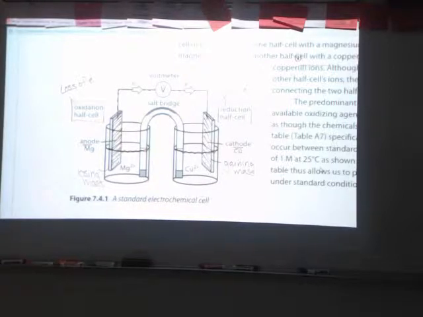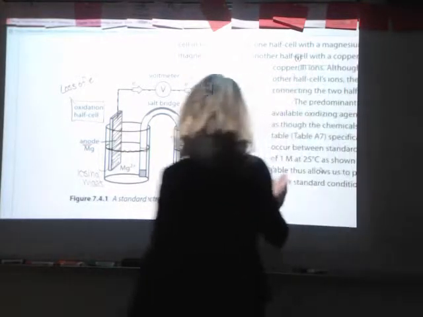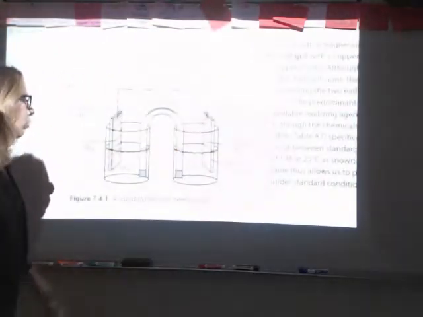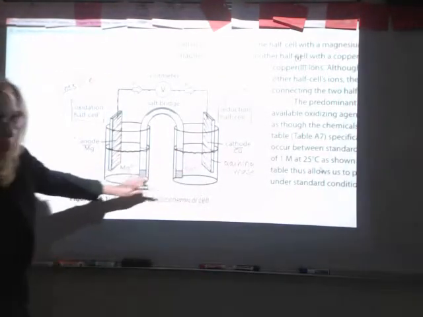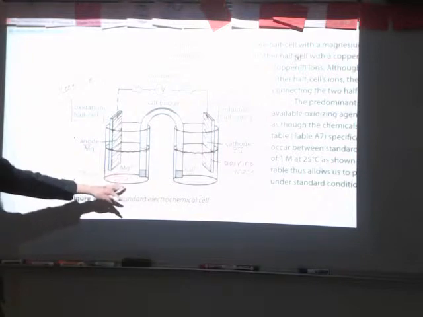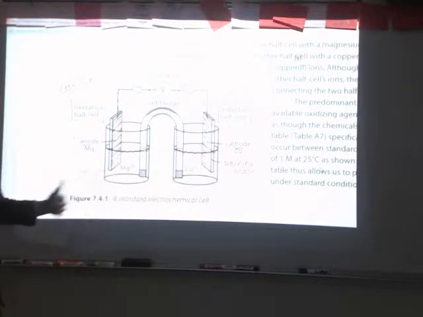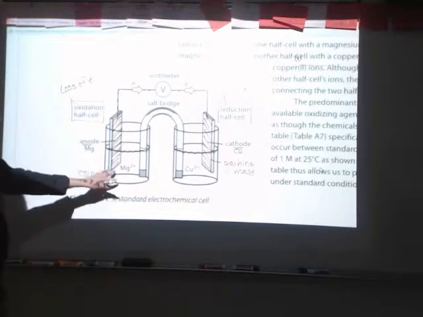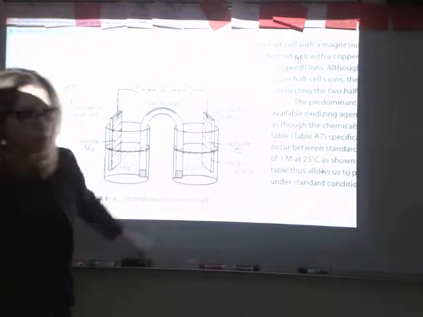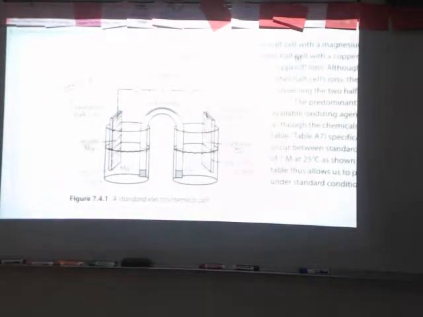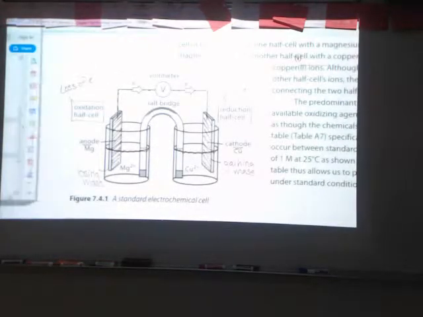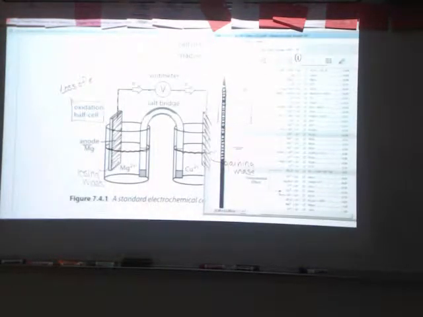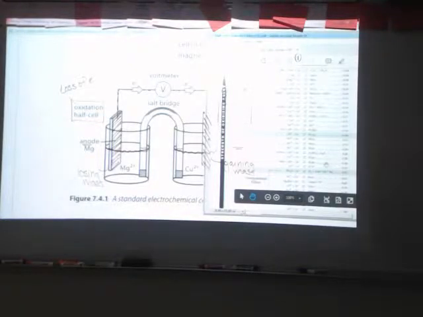So how do you figure out which direction electrons are flowing in? Well, based upon what electrodes they give you, you would look them up on the SRP table. And you would see which one is on the bottom right. That's the one that would give up its electrons. So if you were to look at magnesium versus copper on the SRP table, which is right here, conveniently, I've got my copper right here.